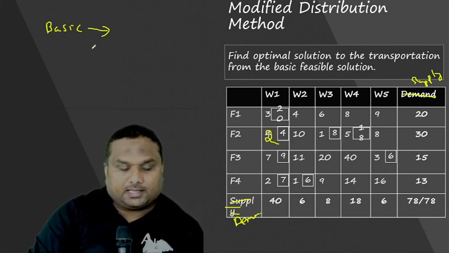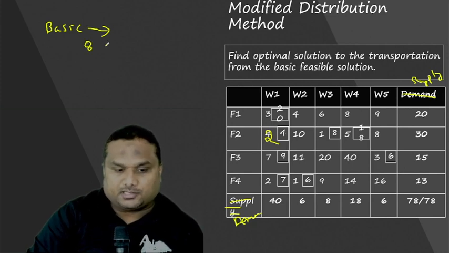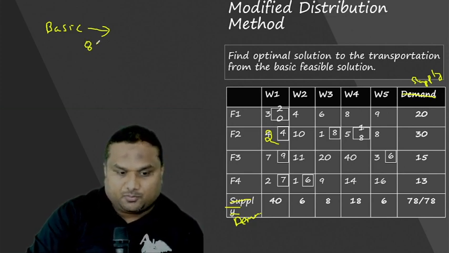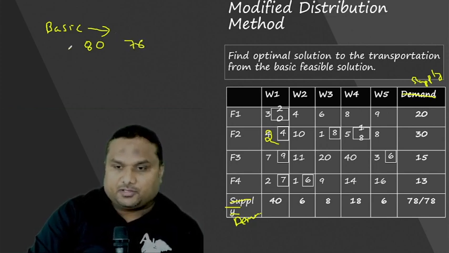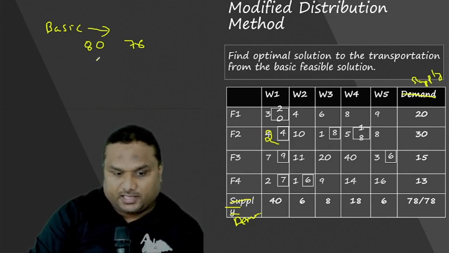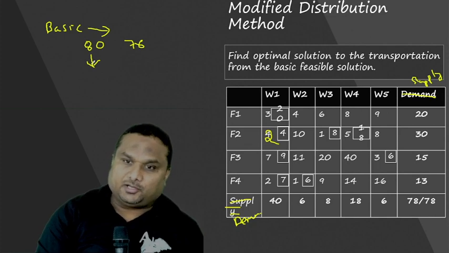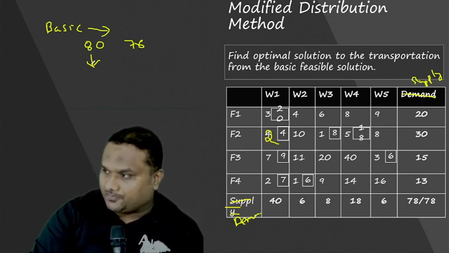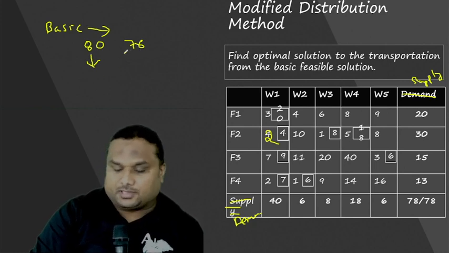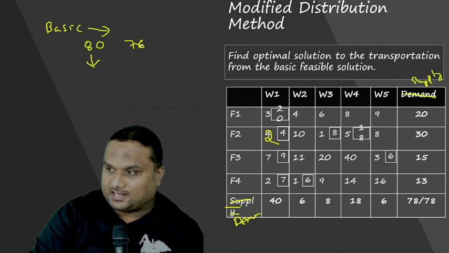Suppose in the second last question we did a question using Vogel's approximation method. Some of you got an answer of 80, some of you got 76, correct? In the modified distribution method, you are checking whether you can reduce the value of 80 further.